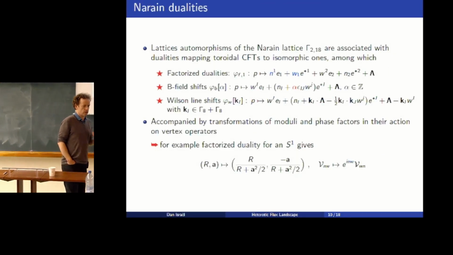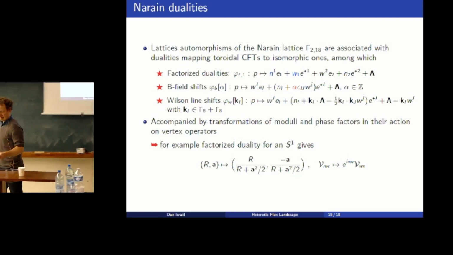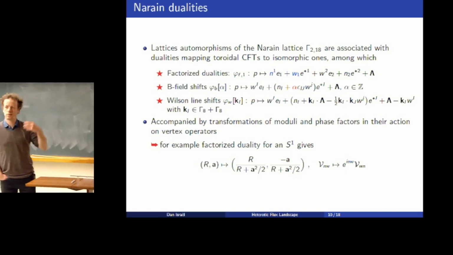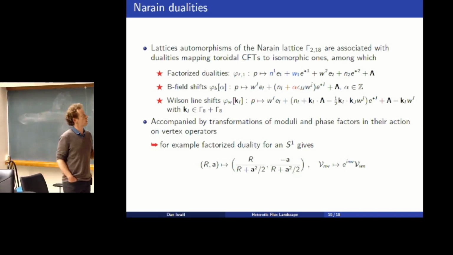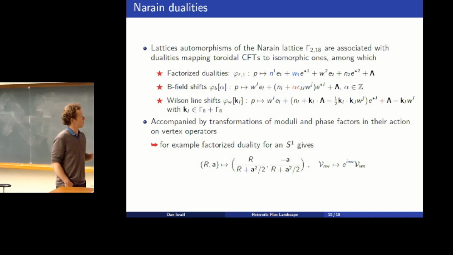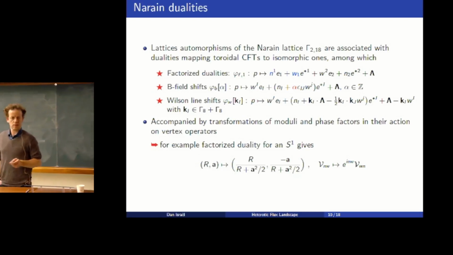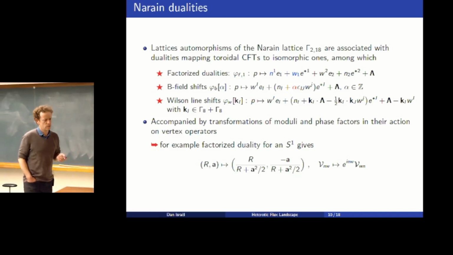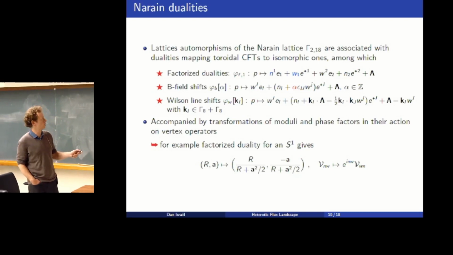So one other thing that you can play with in the null lattice is to perform, of course, dualities, which are lattice automorphisms, okay, and see what they mean in this context of fluxes. So among the lattice automorphisms, there are just a few of them that will be of interest for us. The first ones are just the generalization of the usual T-duality.